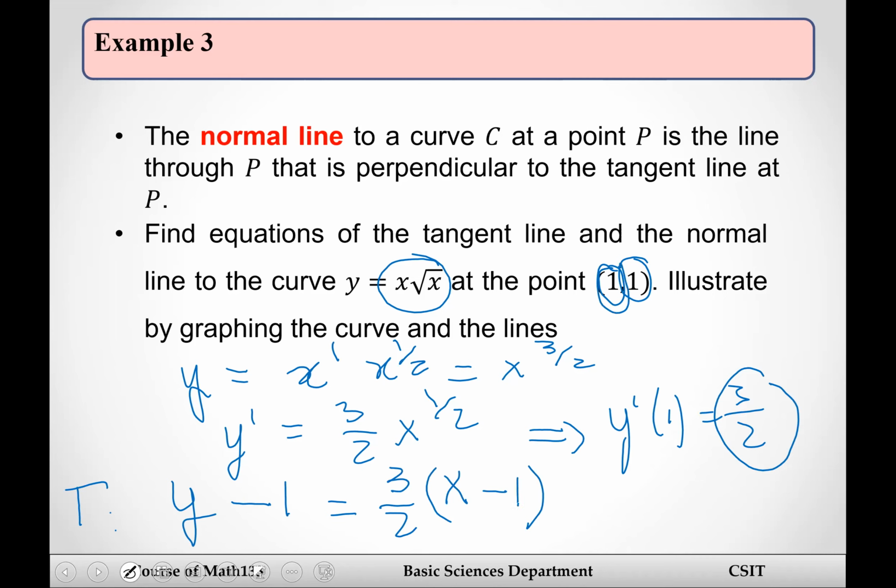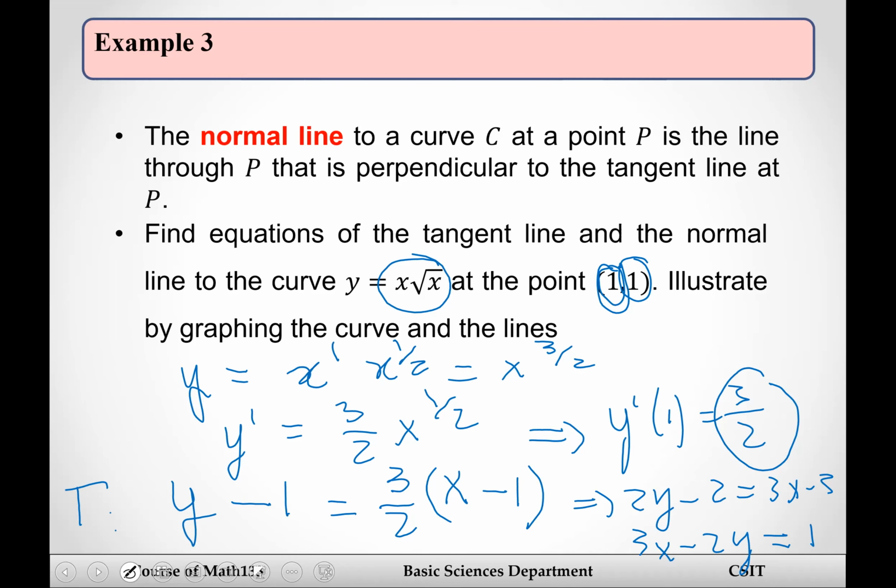You can write this by multiplying this equation by 2. Then you will get 2y minus 2 equal to 3x minus 3. That you can write 3x minus 2y, sorry, equal to 1. So that's the equation of the tangent line.